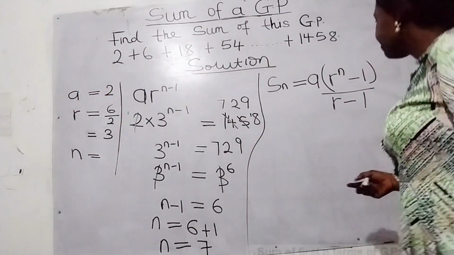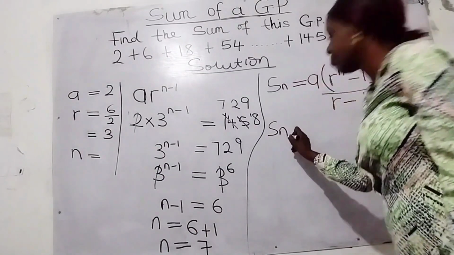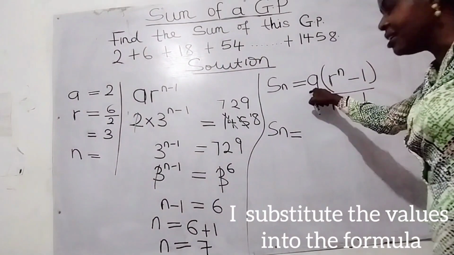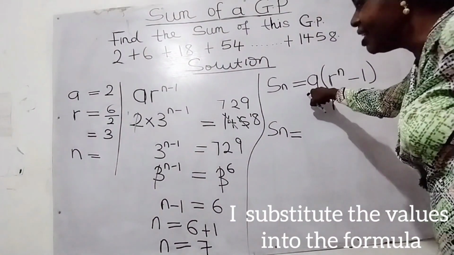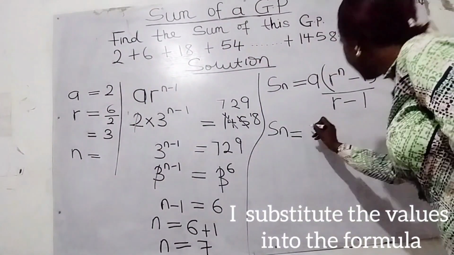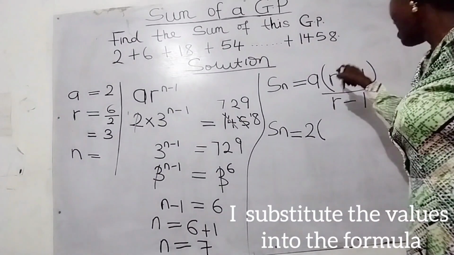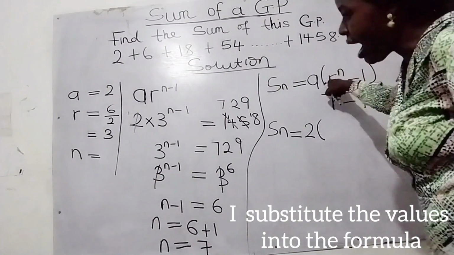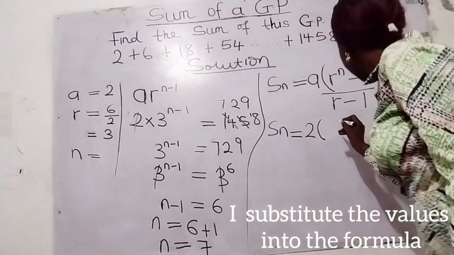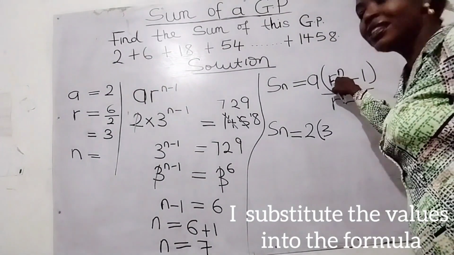So we go. Carry down Sn, which is equal to a. What is our a? Our a is 2. So we write 2. Open this bracket. r. What is our r? Our r is 3. Write 3 inside. n. What is our n?